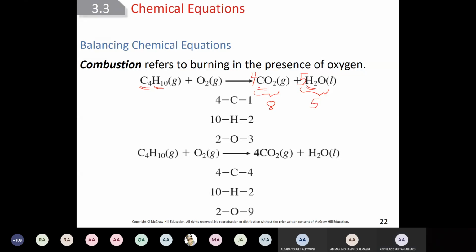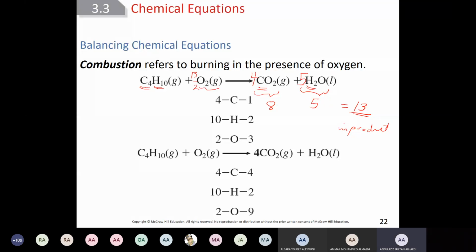What's the total? 13. 13 in the product, right? How many do I have in the reactants at this time? Only 2. How can I balance it? Multiply by 13 over 2.